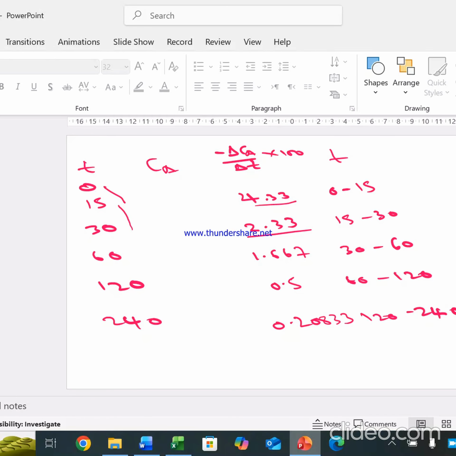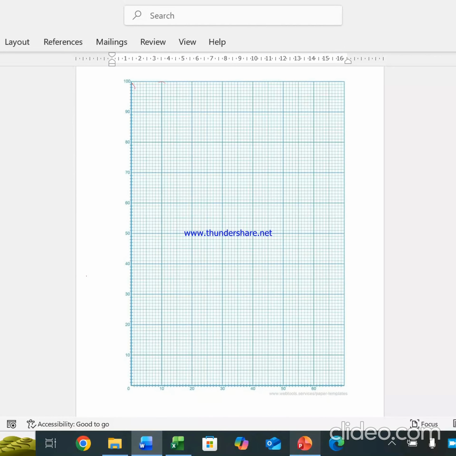So we need to divide it reasonably in order to get the best results. Along the y-axis, this is minus delta Ca over delta T times 10 to the power 2, and this is T in minutes.